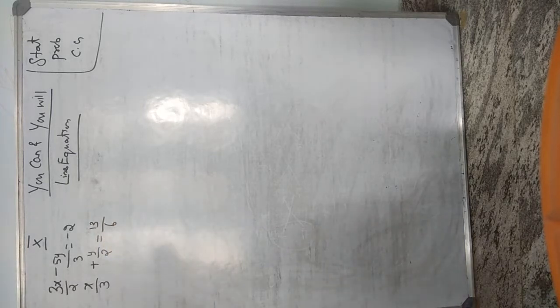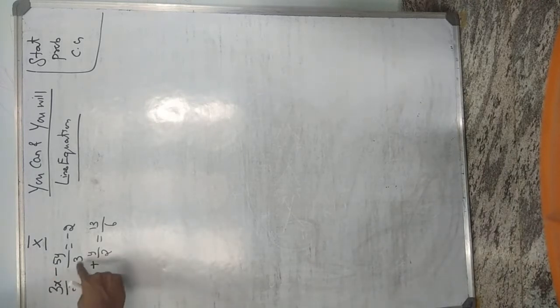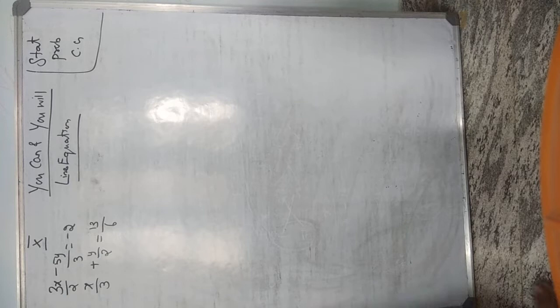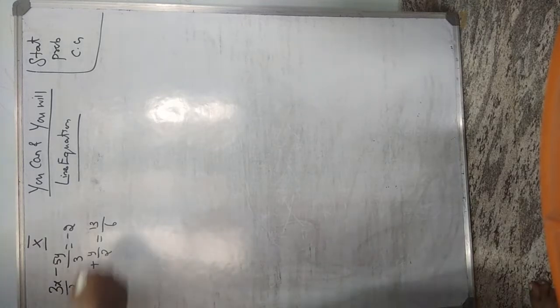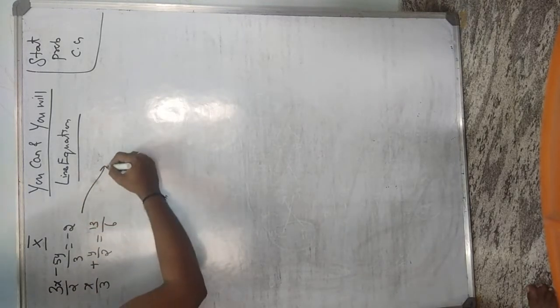So now you have to take an LCM. You have to convert into normal equations. So 3x upon 2 minus 5y upon 3 equal to -2. Take a normal LCM. Cross multiply. This will become 9x, this will become -10y. So normal LCM, I'll take the first equation.